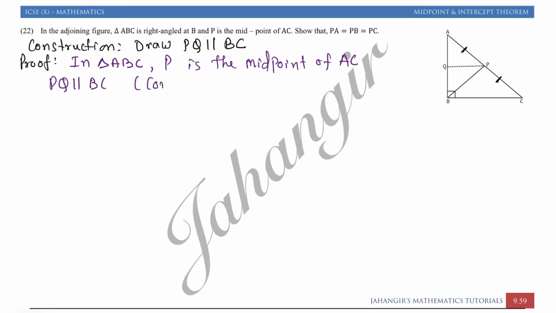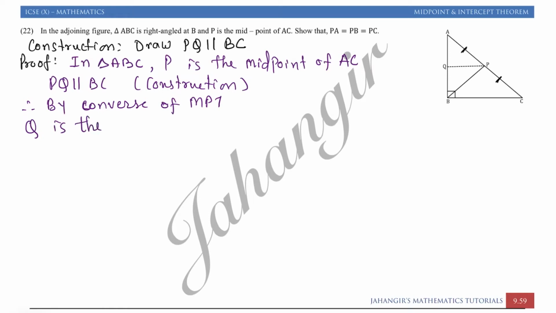This is construction. So therefore, by converse of midpoint theorem, we can say Q is the midpoint of AB. We got Q as the midpoint. These two sides are equal.